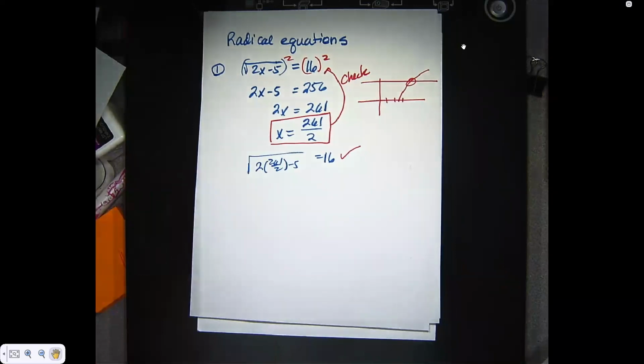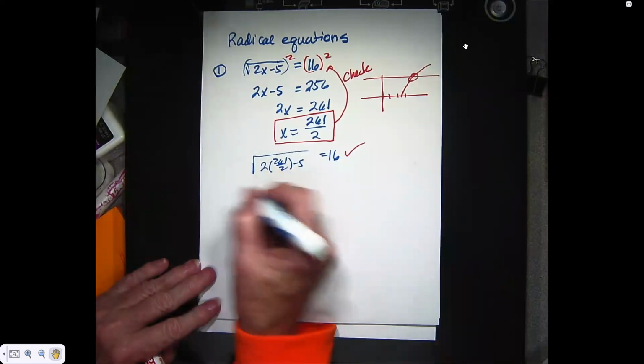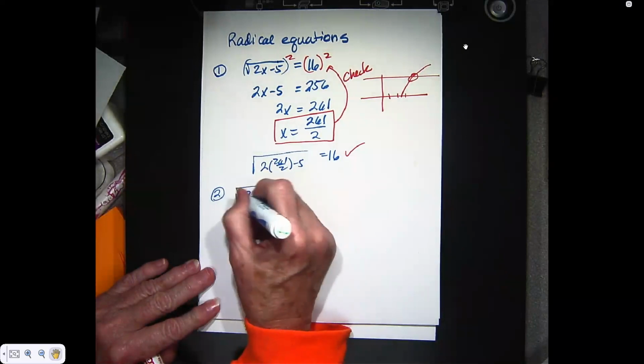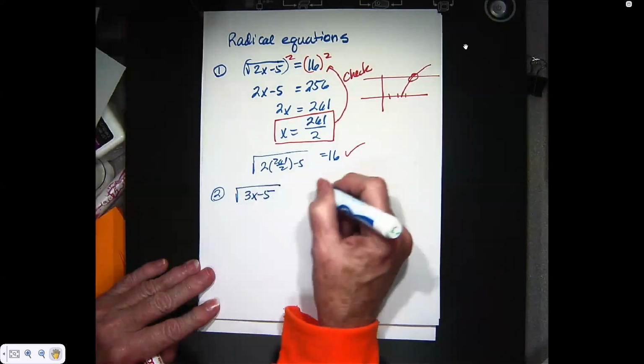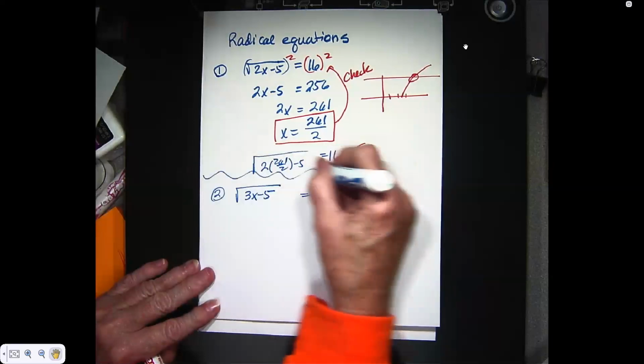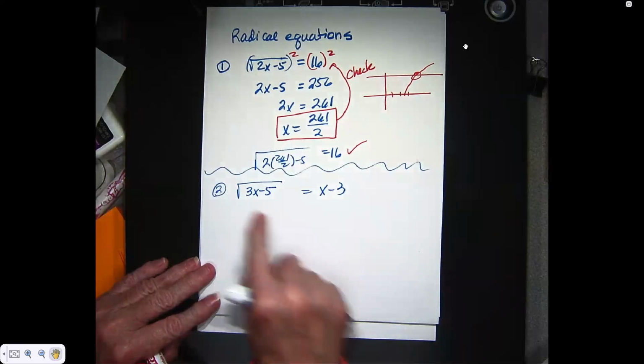Okay, the problems could get a tad more complicated. So if I had something like the square root of 3x minus 5 is equal to x minus 3. All right, I've got a square root isolated over here.